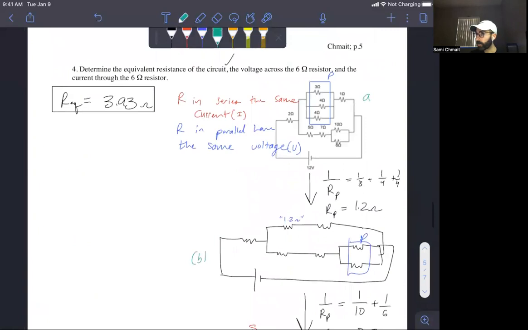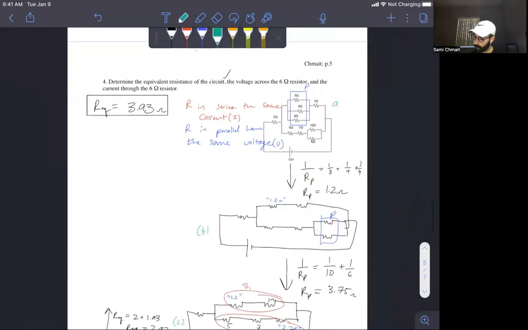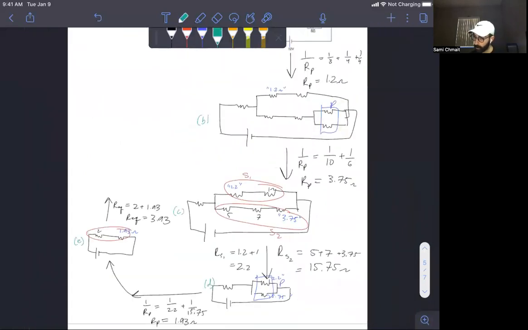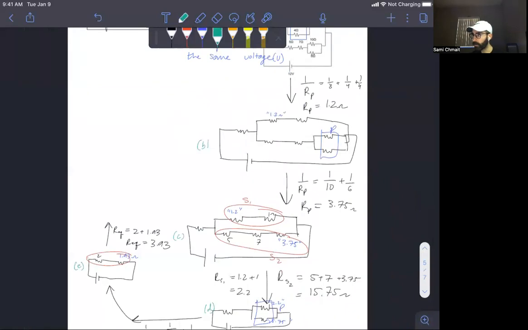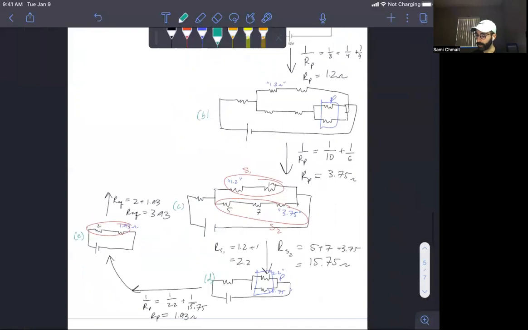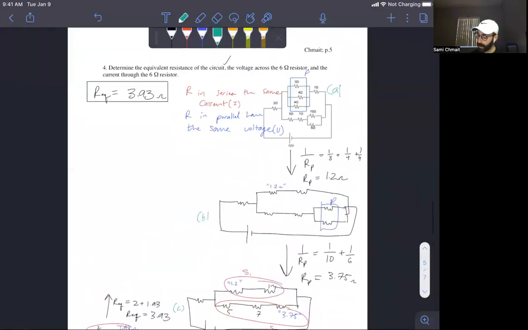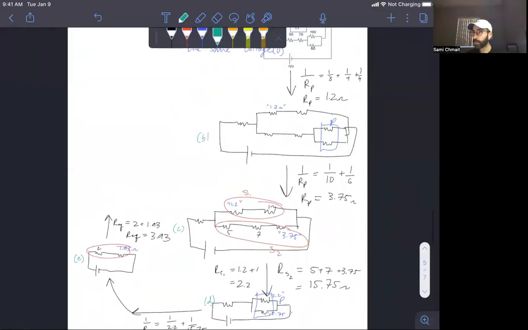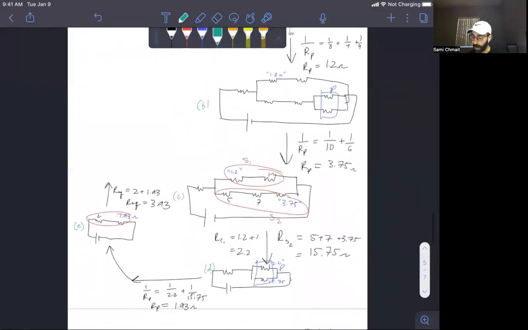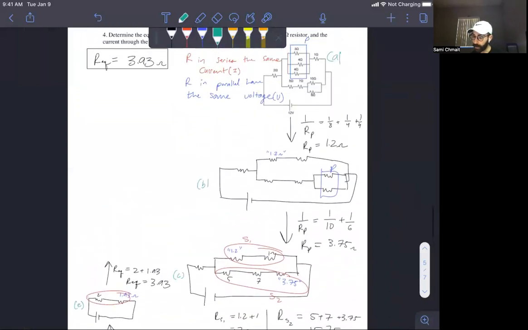And this original one. Wait, am I missing one? Oh yeah, because I did 2 at the same time. All right, so A. So the first thing is, looking at E, we have 2 resistors in series.